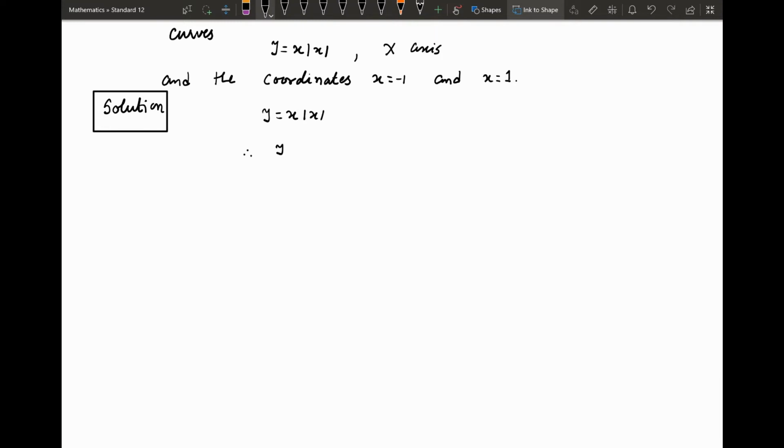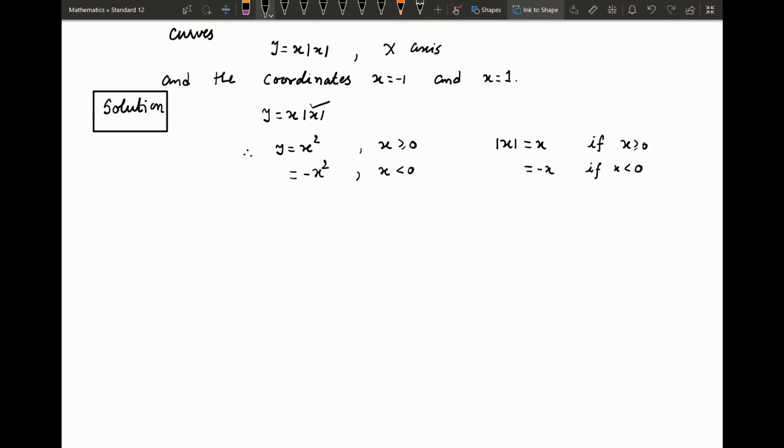Therefore y equal to x square if x greater than or equal to 0, because by the definition of modulus, mod x equal to x if x greater than or equal to 0 and mod x equal to minus x if x less than 0.